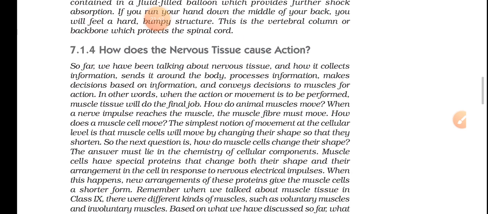In other words, when an action or movement is to be performed, muscle tissue will do the final job. How do animals' muscles move? When a nerve impulse reaches the muscle, the muscle fiber must move. How does a muscle cell move? When we touch a hot object, the message is taken by the nerves into the spinal cord.